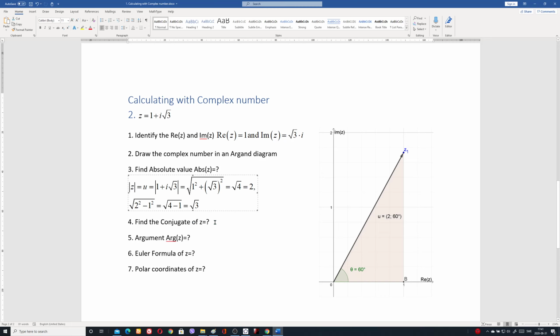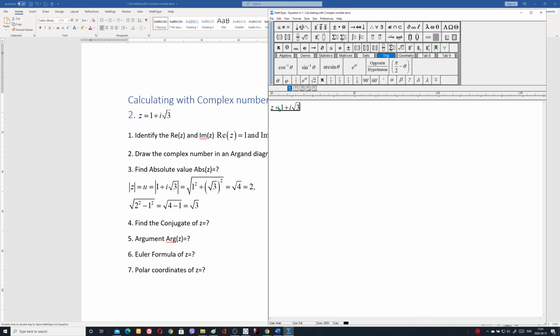Okay, so now let us find the conjugate of this complex number. So the conjugate of this complex number is, let me take this one here, and we take a conjugate for this. It is nothing more than 1 minus i square root of 3.